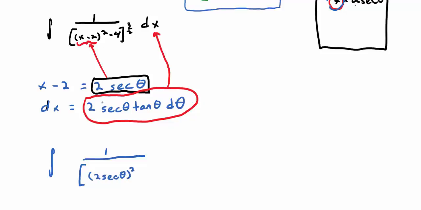That's in place of x minus 2, and then we still have the minus 4. We need the 3/2 power, and then the dx is 2 secant theta tangent theta d theta. Any questions so far? Now it looks pretty ugly, but again, we're hoping to clean it up algebraically and then use a trig identity, and then hopefully it cleans up nicely.